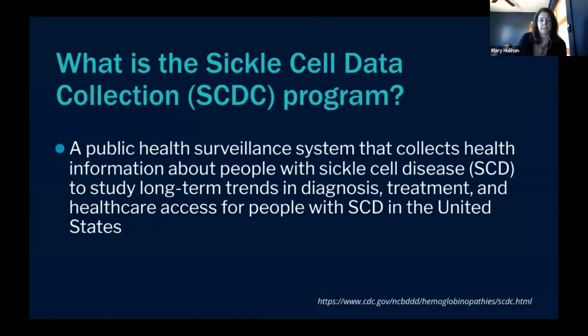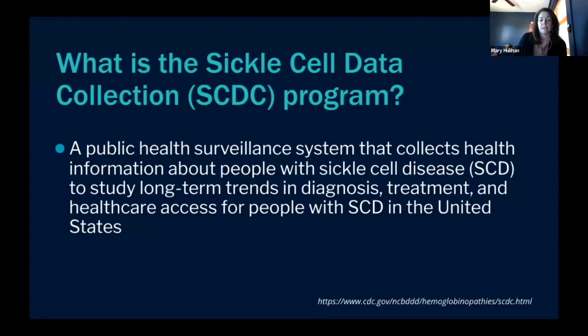So what is the Sickle Cell Data Collection Program, or SCDC? It's a public health surveillance system, and that means that it's an opportunity to collect health information about people with sickle cell disease to study the long-term trends in diagnosis, in treatments, and in healthcare access for people with sickle cell disease in the United States.